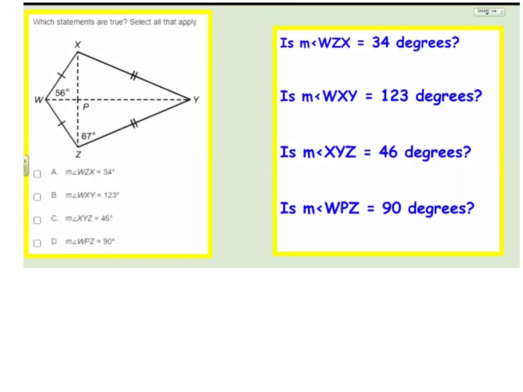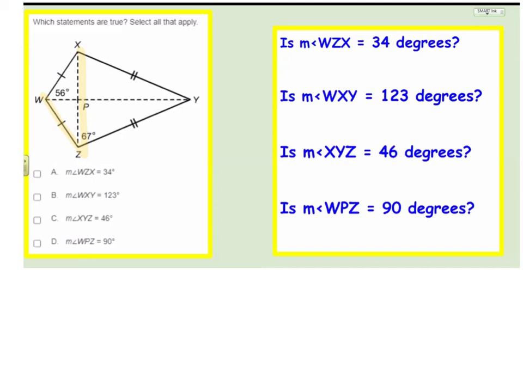Here. So it's asking questions. Is the measure of WZX 34 degrees? So I got to figure out, where is WZX in the first place? So WZX is that 34 degrees. Okay. So I just said that those were bisected, right?